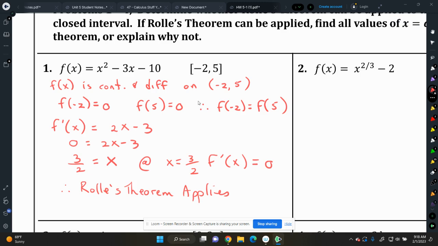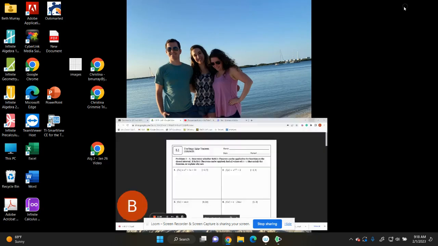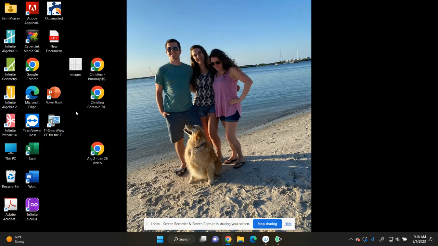Okay. How about number 2? So an interval from -1 to 1. Any thoughts? No thoughts? Okay.